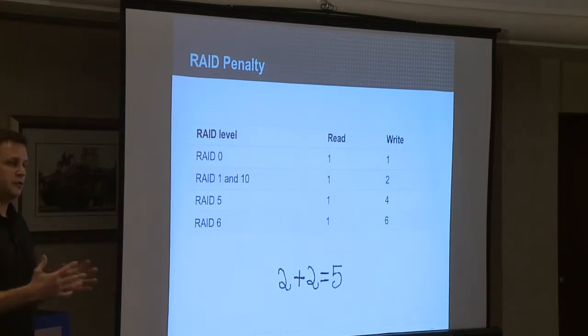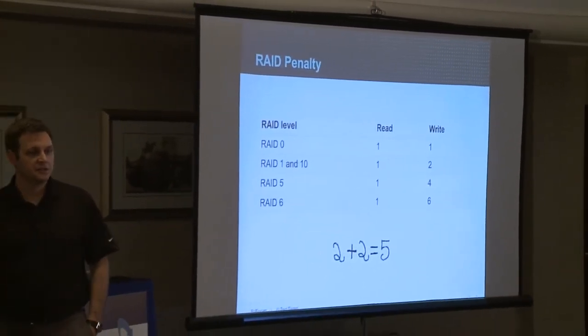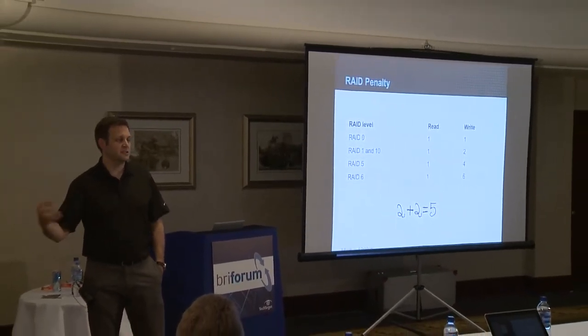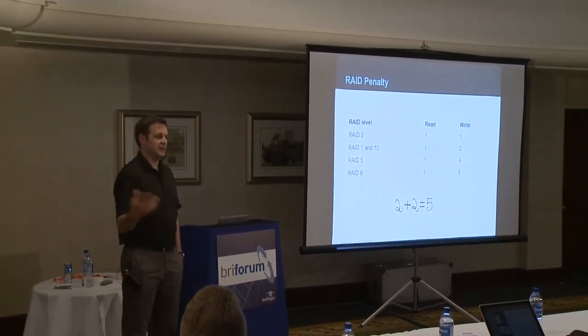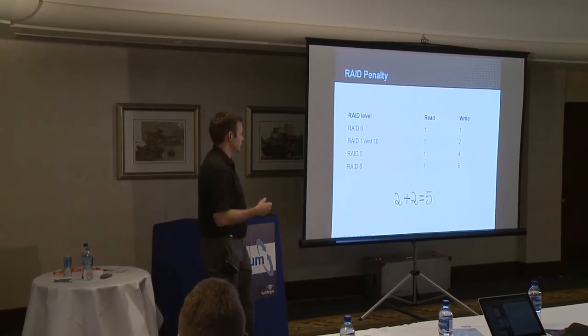And so if you are trying to do VDI, and typically VDI is a very heavy write I/O environment, we're going to talk about that in a little bit, and you're using something like RAID 5, 500 read IOPS turns into 2,000. I'm sorry, 500 write IOPS turns into 2,000 write IOPS, in addition to any other read I/O that's being done. And RAID 6 is even a bigger penalty.